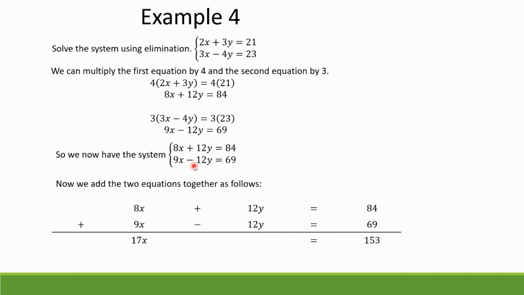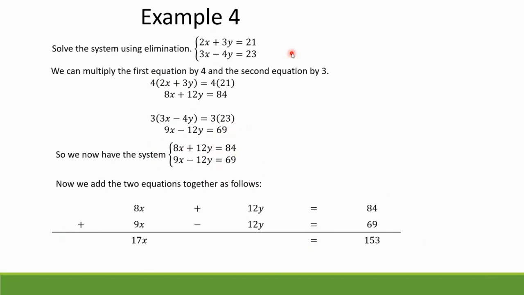Now, how did that help us? Notice we have this new system here. We want to be able to add the equations so that when we add them, a variable cancels. Doing this, we can see that the y's are going to cancel, and that's what I'm doing here.